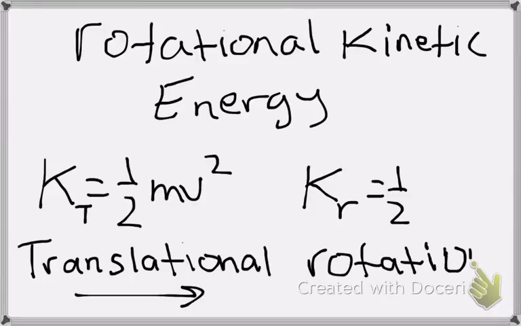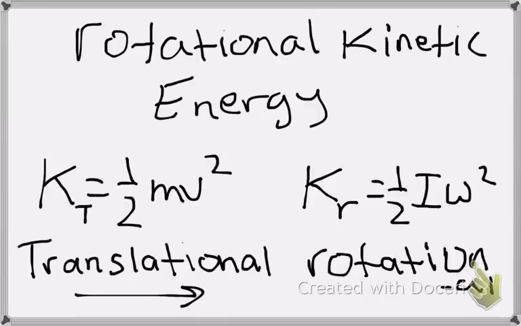So instead of M for mass, if you think back in our last unit, we had this new idea of rotational mass, and we used the letter I, and that stood for the moment of inertia. And so that depends on the size and the shape and the mass of whatever the object is. And then instead of velocity, we're going to look at angular velocity squared. So here's our new definition of energy.